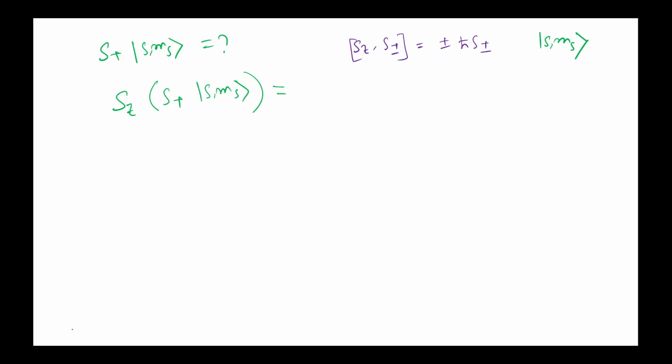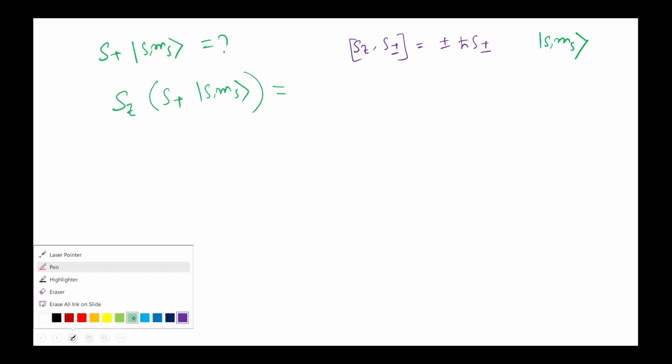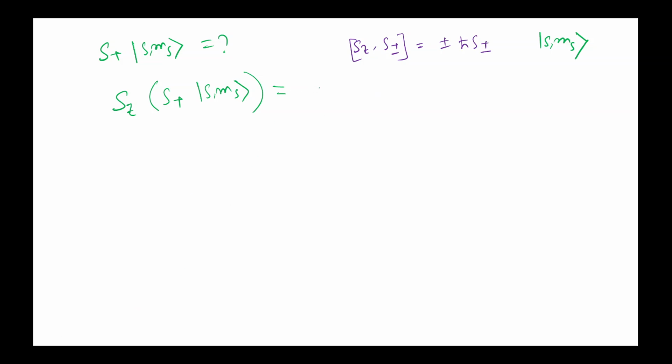So you can write this equation as Sz S plus minus minus S plus minus Sz equal to plus minus ħ S plus minus.